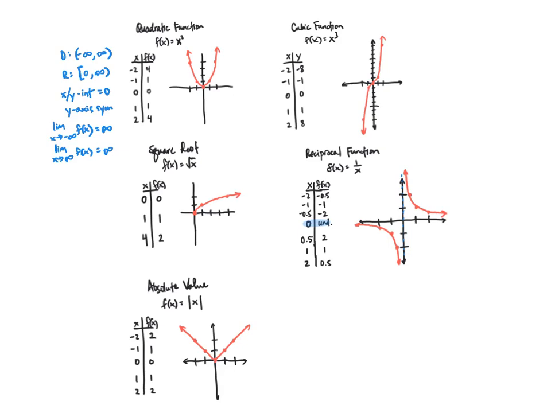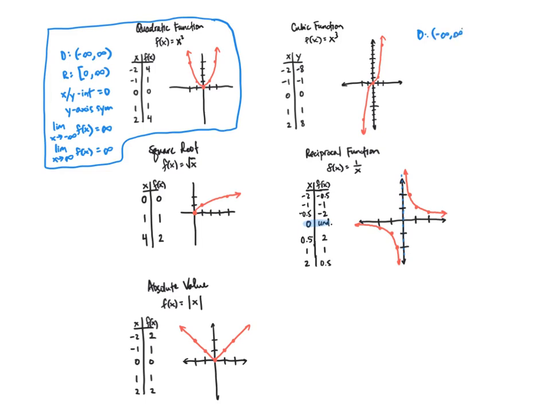Okay, so here I'll box this, and that's your quadratic function. Okay, let's look at our cubic function. For our cubic function, our domain is all real numbers, so -infinity to infinity. Your range is also all real numbers, because it goes down and up forever. Your x and y intercept are both 0.